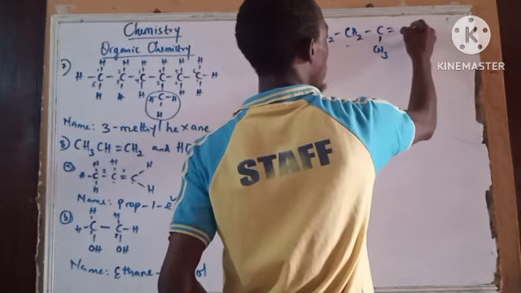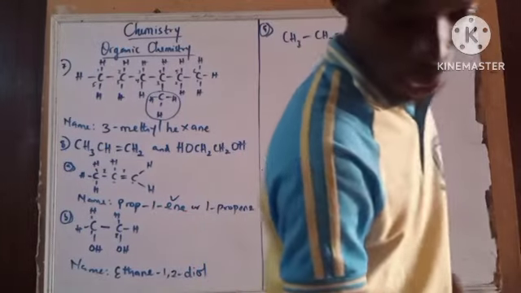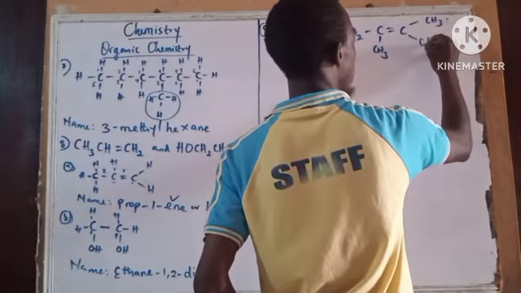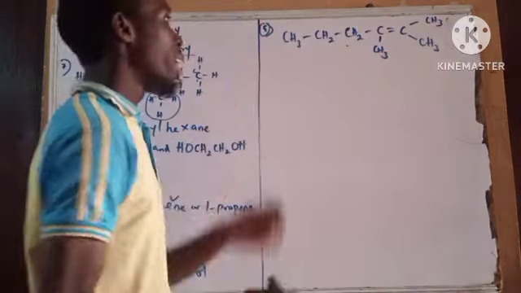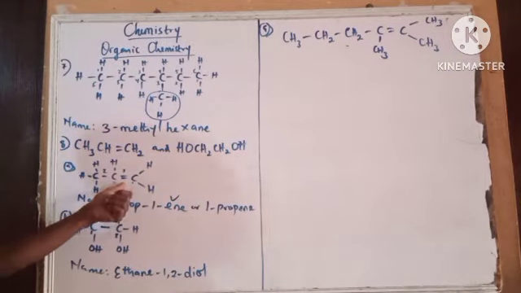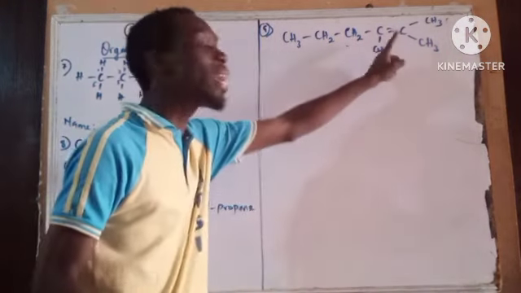Then I have a double bond C, and CH3, CH3.